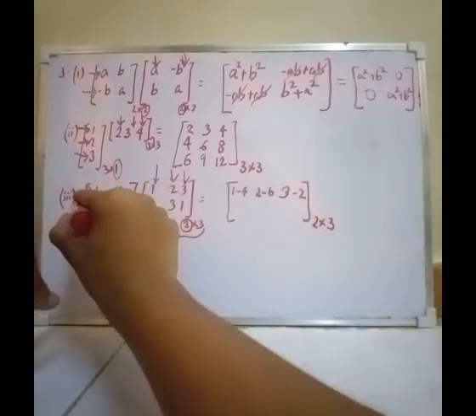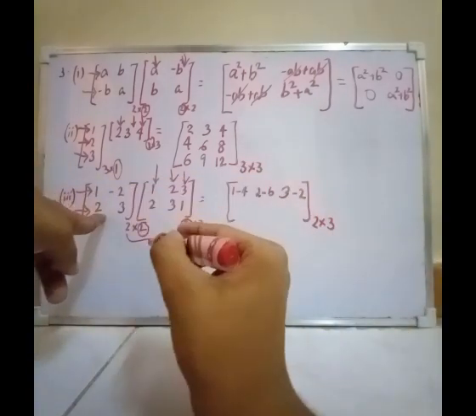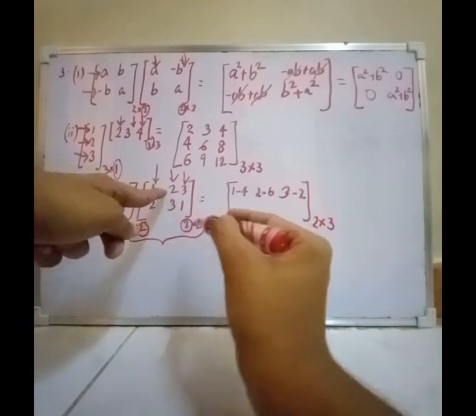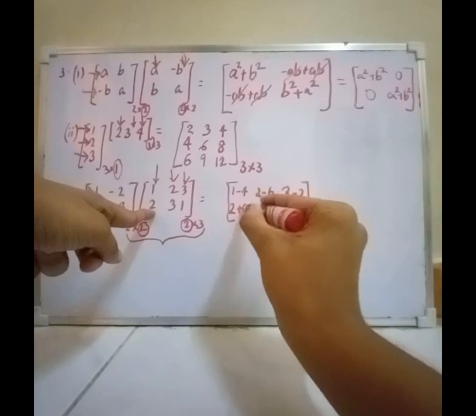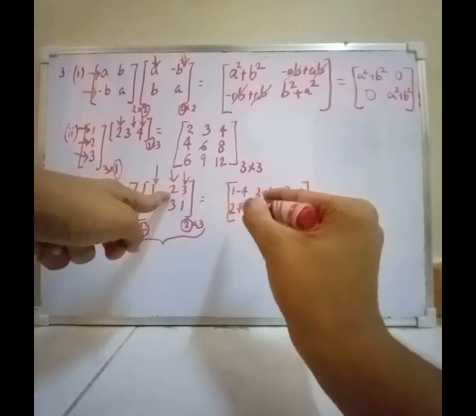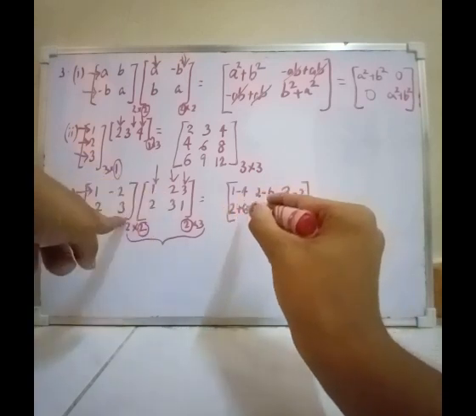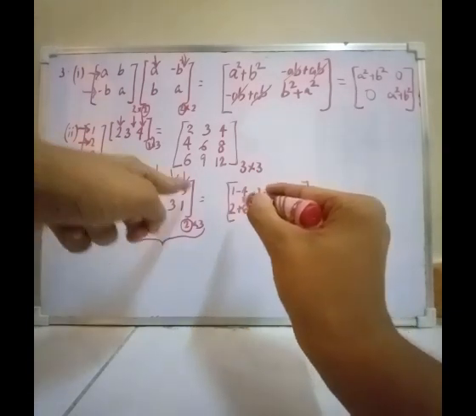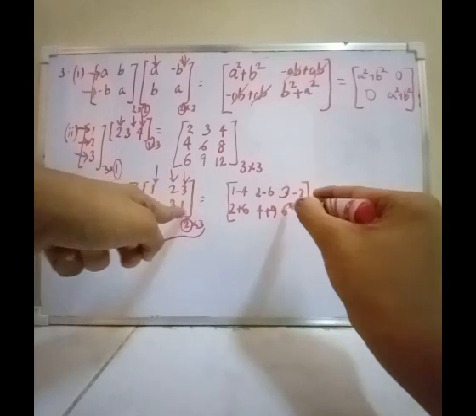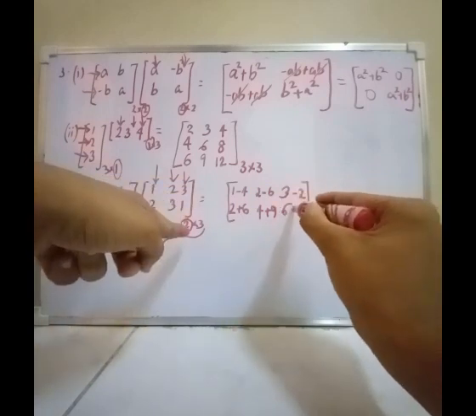Now doing the same process with the second row and each column, 2 times 1 is 2 and 3 times 2 would be 6, and 2 times 2 would be 4 and 3 times 3 would be 9, and 2 times 3 would be 6 and 3 times 1 would be 3.